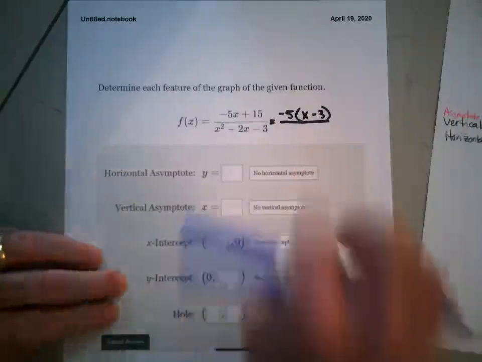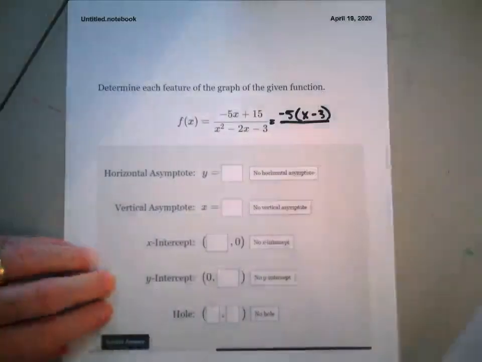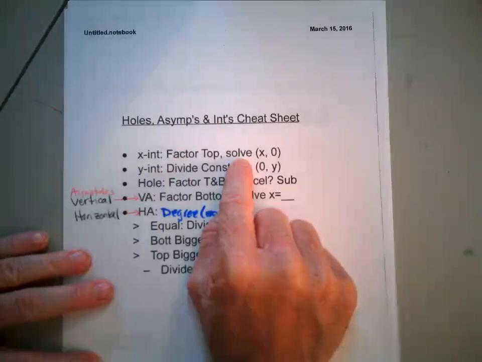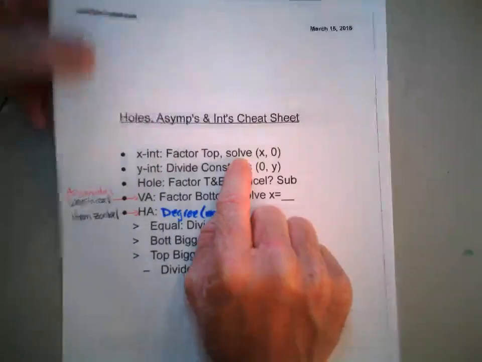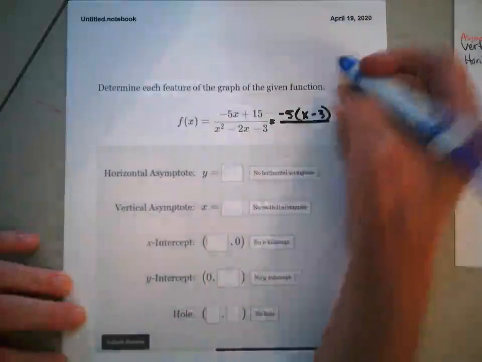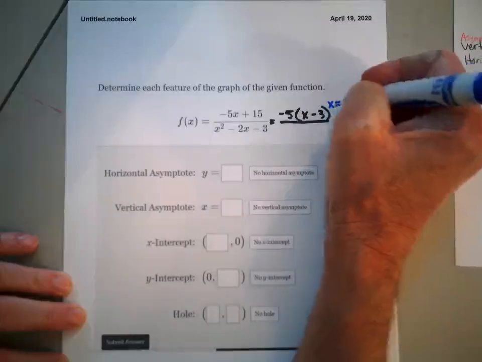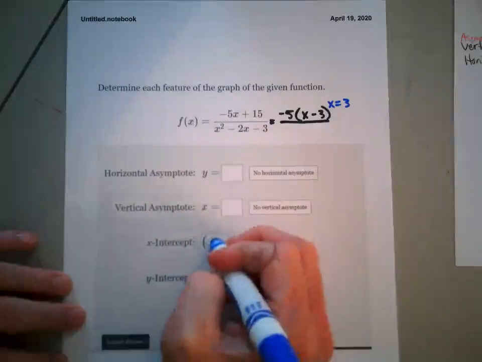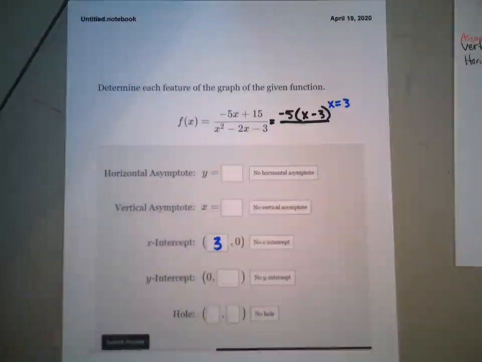Let's go back to the notes. All right, so we factor the top, now we'll solve. There's only one thing we can solve for, this x minus 3. So x equals 3 will be our x-intercept. We're going to put a 3 in for the x-intercept.